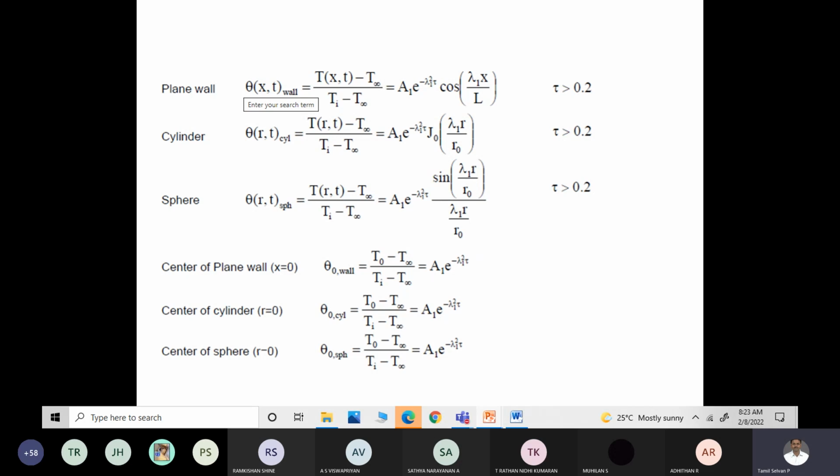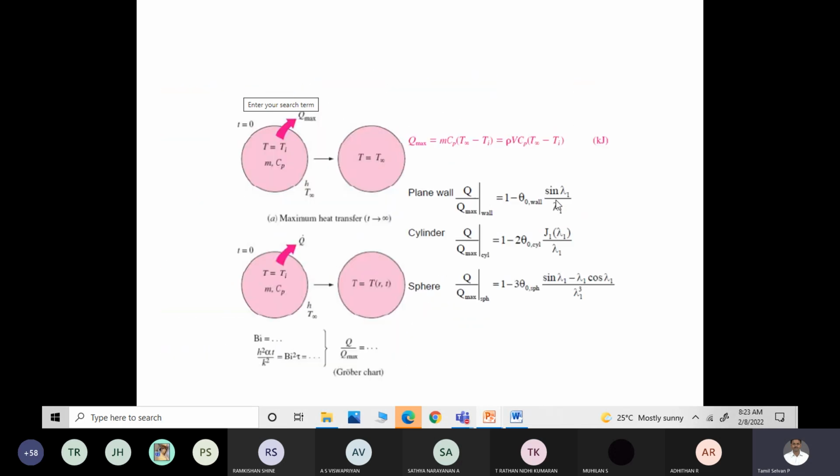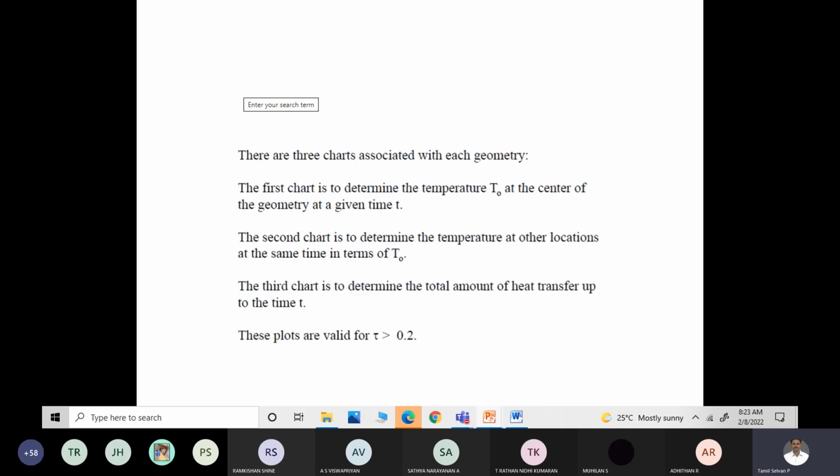We will be getting this approximate, or one-term, solution. The solution of one-dimensional heat conduction involves infinite series, which are difficult to deal with. So they used charts to find the solution for a plane wall, cylinder and sphere.